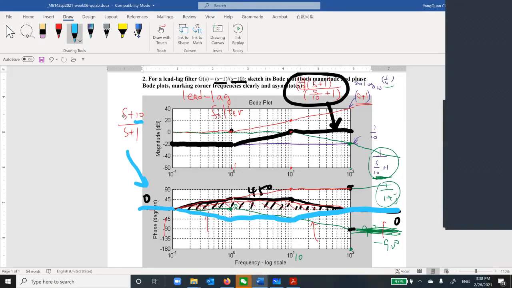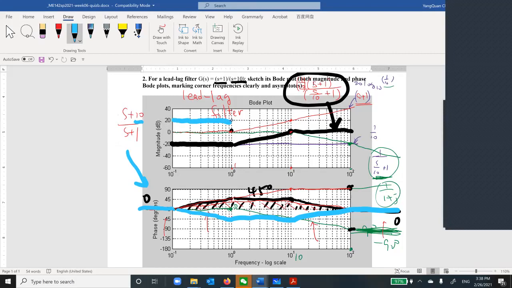Positive 20. When s is 0 it is 10. At very low frequency, s is 0, it is 20 dB. So everything is 20 dB until you see the 1, okay? 1 will be, you will have something like this, okay?